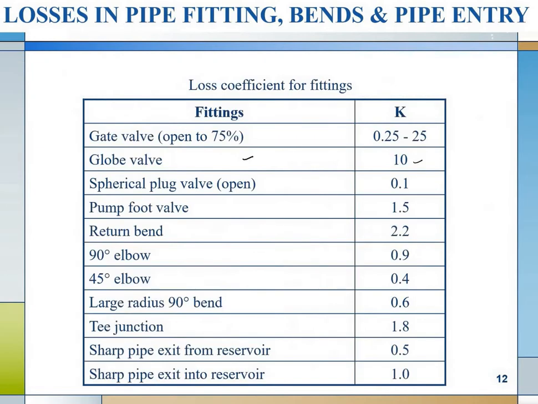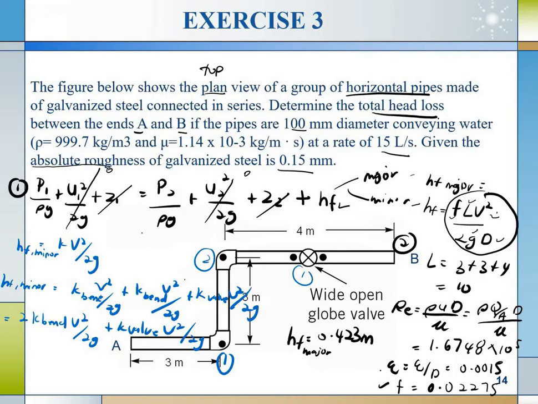Look back here. K bend is for a 90-degree elbow, right? So the value is 0.9, and the globe valve is 10. So we put inside 2 times 0.9.